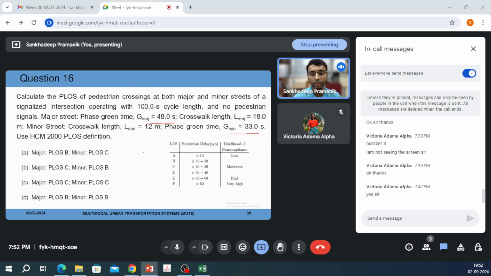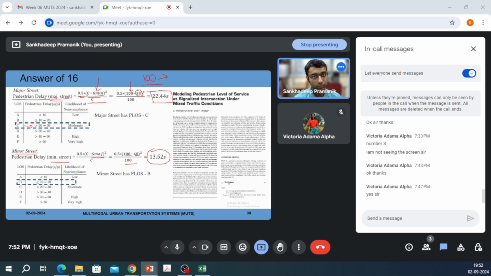So ultimately it will be level of service B for the minor one, and for the major road it is level of service C. So this will be the answer actually. There may be some problem with the study material, but this will be the answer.